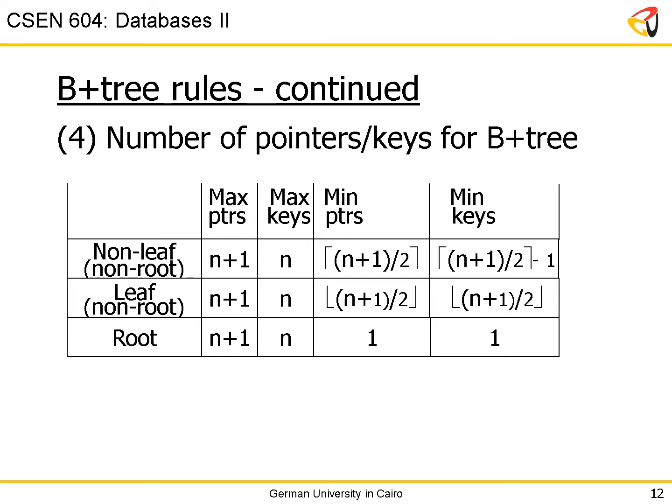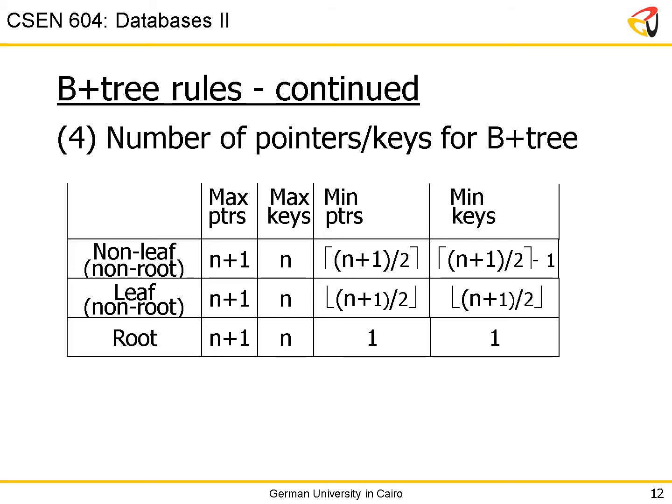So let's try to consolidate our rules here in one picture. So the maximum number of keys per any node, whether it's a root, the leaf, or non-leaf, is the same. It's going to be n. The maximum number of pointers associated with any node is also going to be n plus 1.